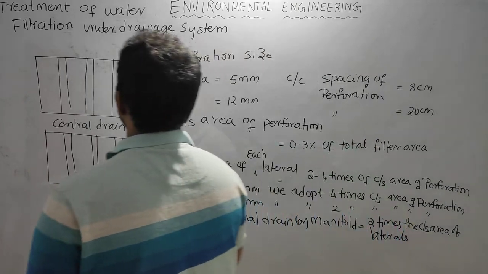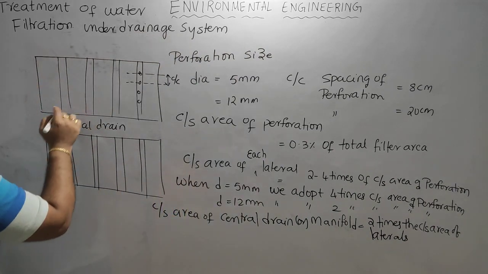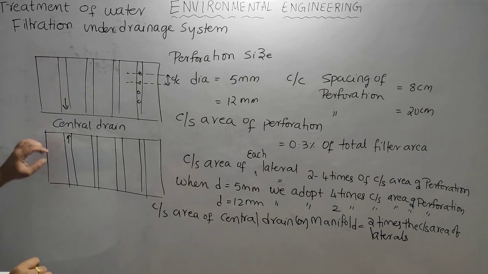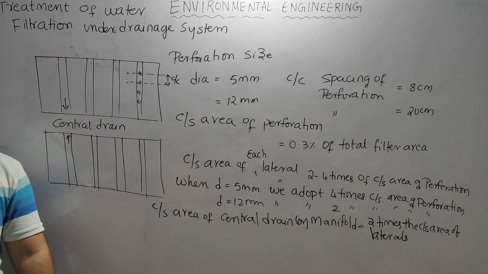The central drain is getting water from 2 laterals at a time. So the central drain cross sectional area should be such that it can accommodate 2 cross sectional areas of laterals at a time. So it should be 2 times the cross section area of the lateral.